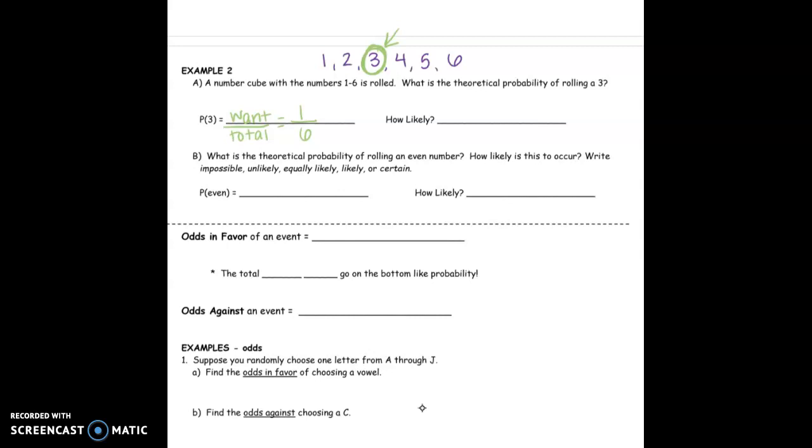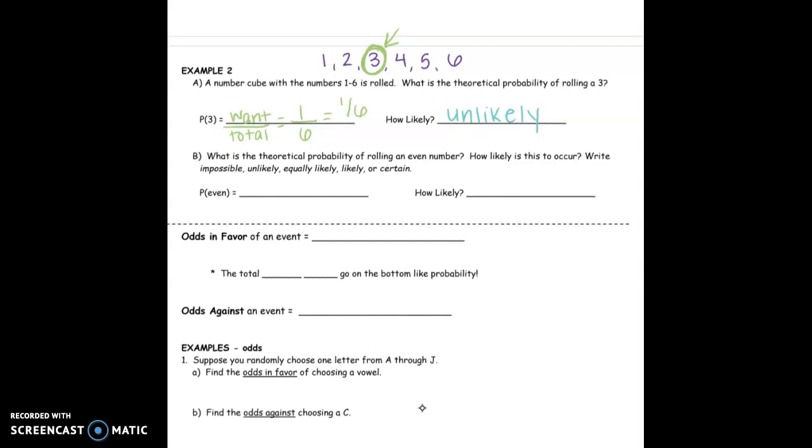A 3 occurs 1 time. How many total options do I have? I have 6 total options. So my probability is 1/6. How likely is that? That's again unlikely because it is less than 1/2. It's not impossible because it's not 0, but it is unlikely.